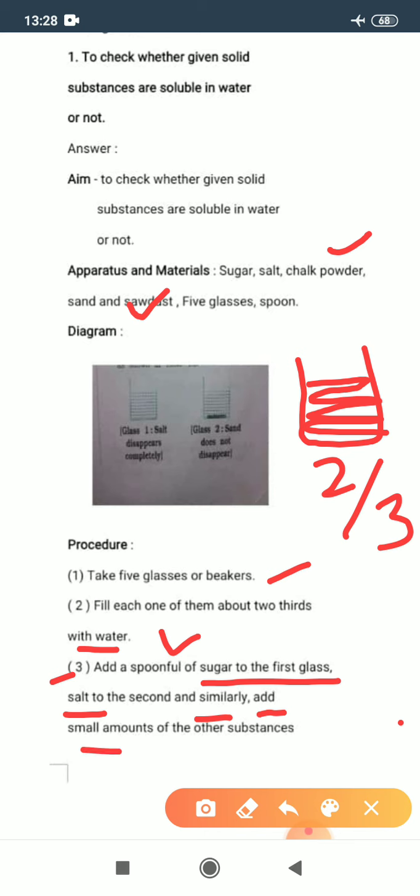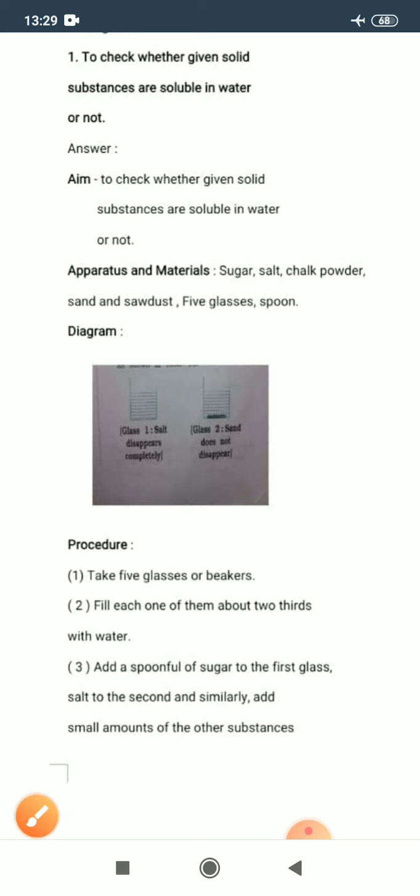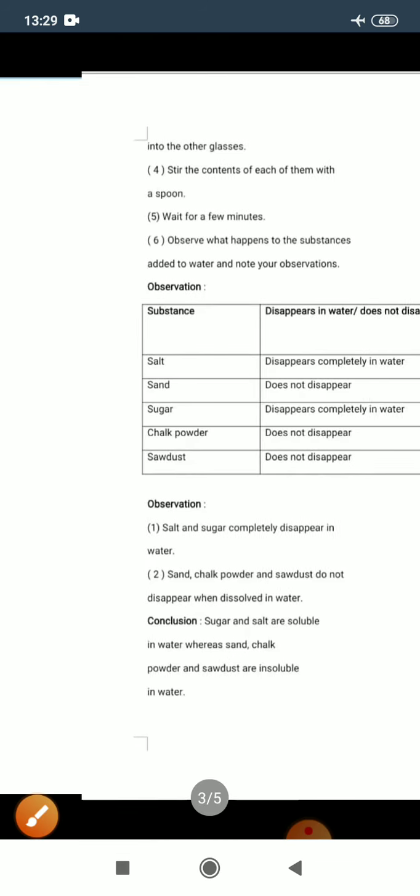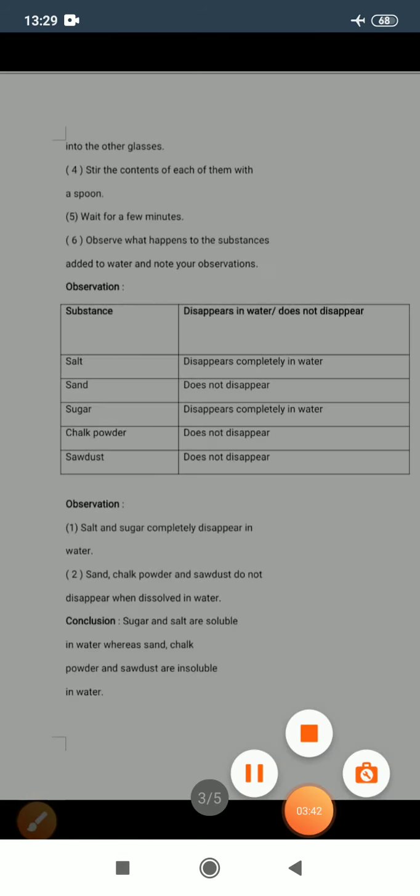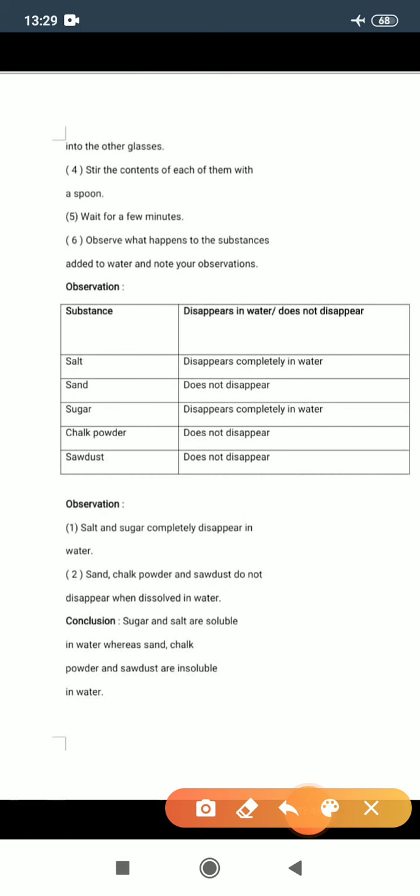Add small amounts of the other substances as per the apparatus and material. Point number 4, stir the content of each of them with a spoon.